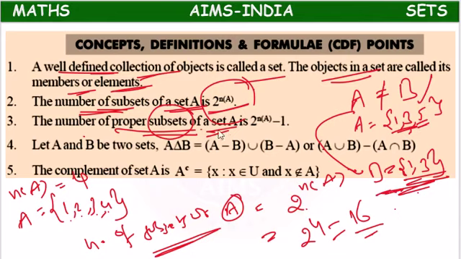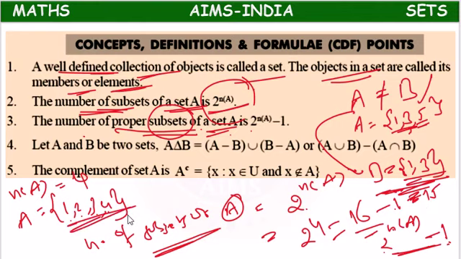So the number of proper subsets will be 2 power n(A) minus 1. In this case, it is 16 minus 1, which equals 15. Why? In that case, we won't consider all the elements as a subset.